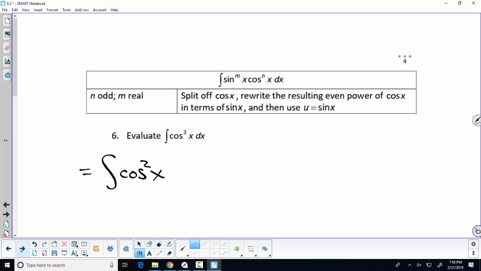That works in a very similar way. We're going to just break off one cosine x, and put it with our dx. So that's kind of like our du right there.